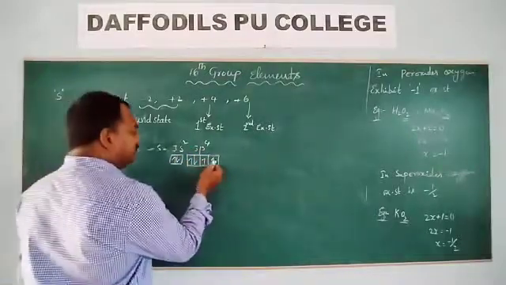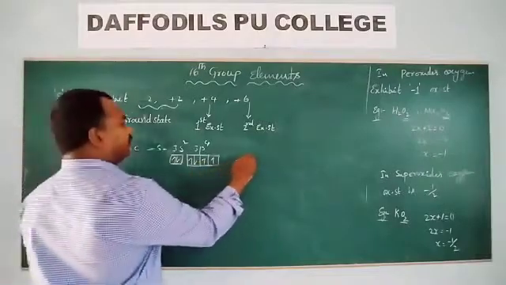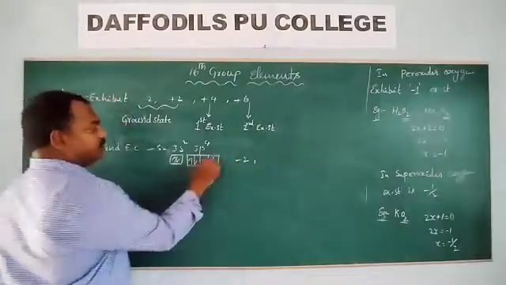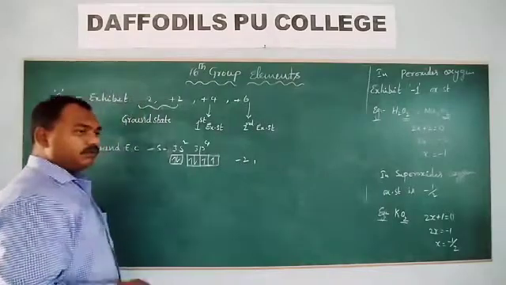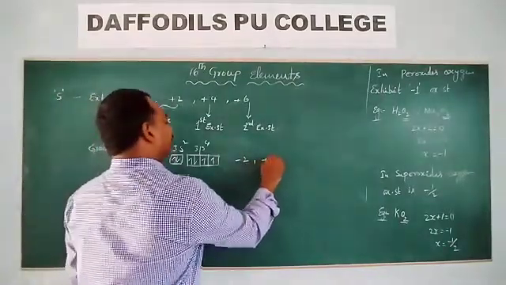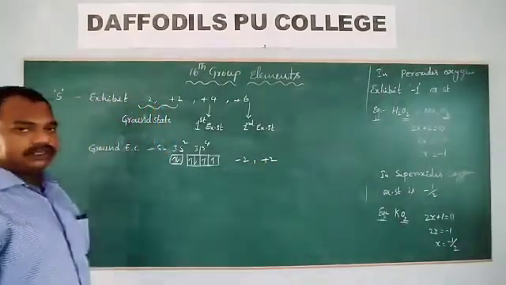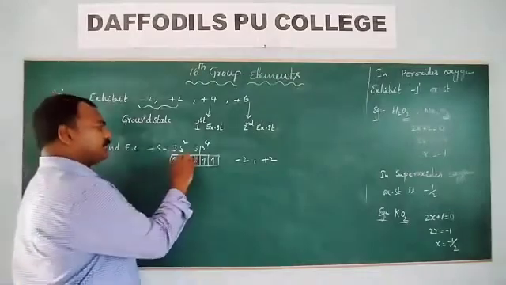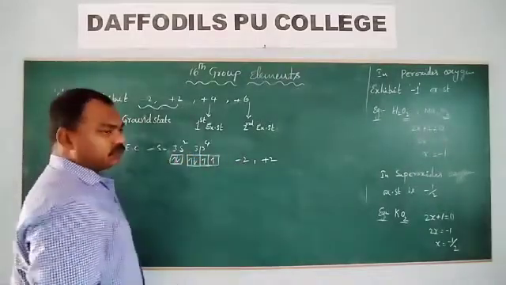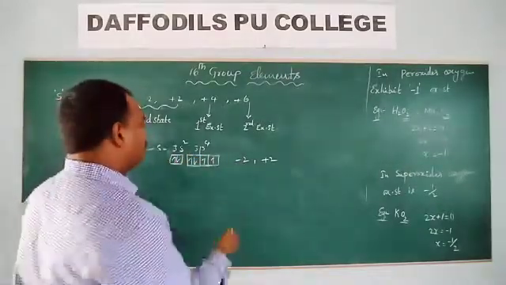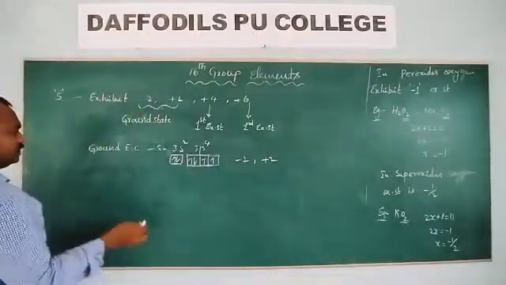Now if it takes 2 electrons, then you will get the -2 state. If these 2 electrons are lost during bond formation, then you get the +2 oxidation state. If it takes 2 electrons, you get -2; if it loses 2 electrons, you get the +2 oxidation state.